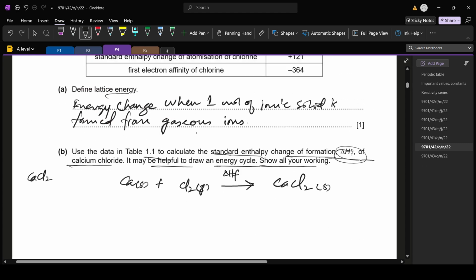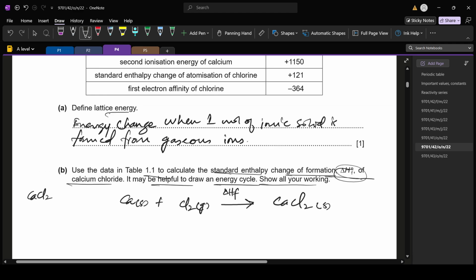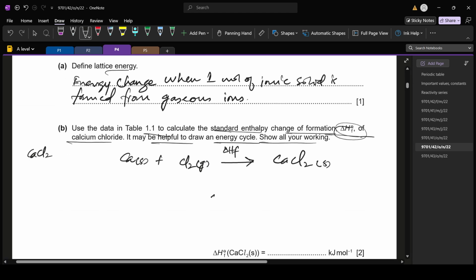So now you know that the lattice enthalpy is the enthalpy change when one mole of ionic solid is formed from its gaseous ions. So let's say I write here calcium 2 plus ions in gaseous form plus Cl minus ions in gaseous form. If they react they will form calcium chloride.